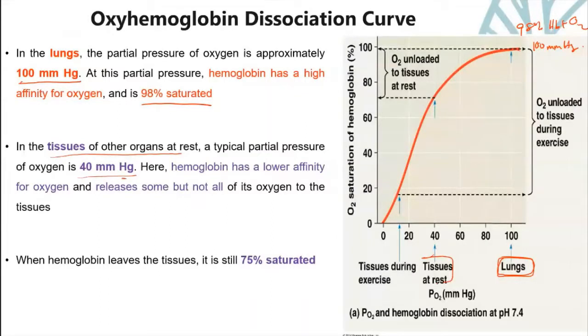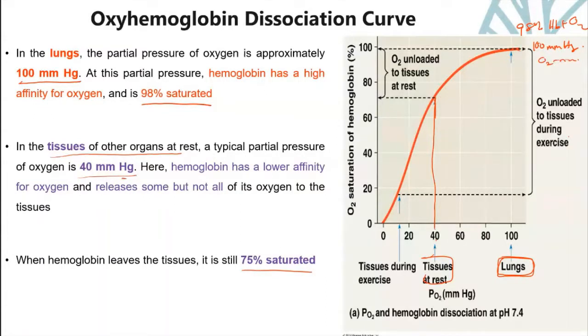Nampak? At rest, the partial pressure of oxygen is 40. At this point, the hemoglobin is 75% saturated. So maksudnya, asalnya kat sini adalah oxygen-rich blood.